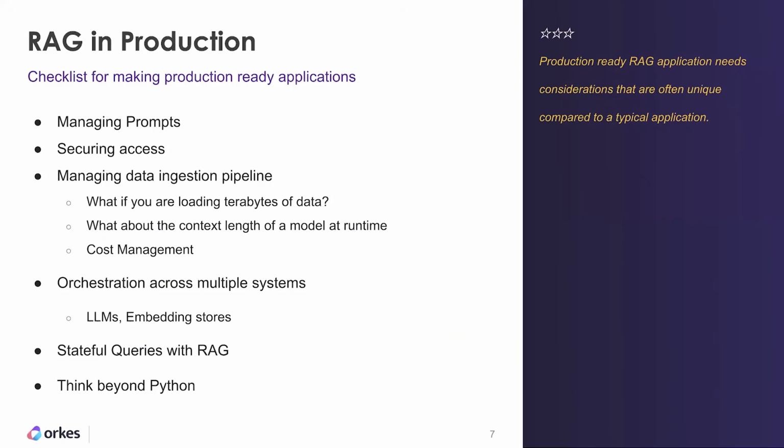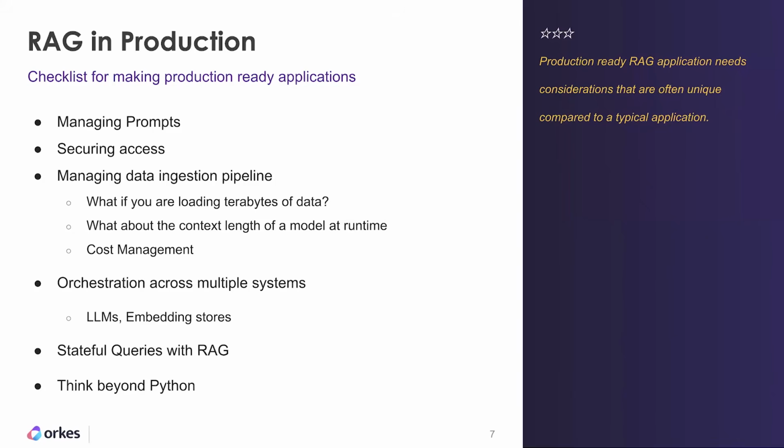So the first and foremost thing, and we all probably know a little bit about this here and there, is managing prompts. You do not want the prompts to be open-ended. There have been various studies and papers published, and a lot of research done around prompt injection, keeping safety around the prompts. The second part is securing access. Take, for example, you are training your models and indexing data on your company's financial data.